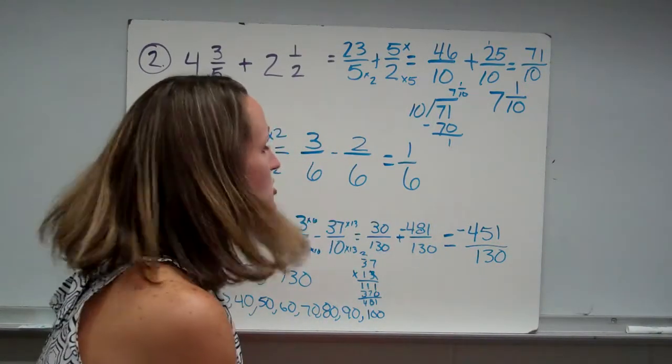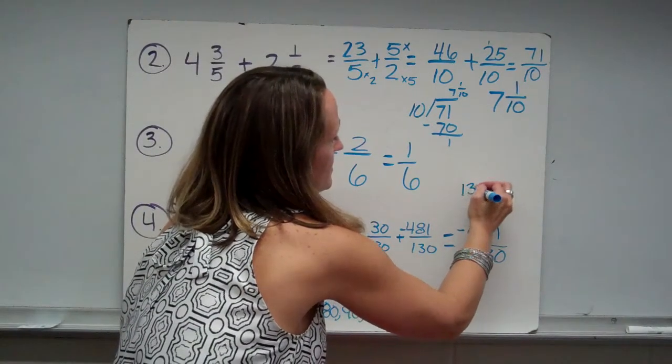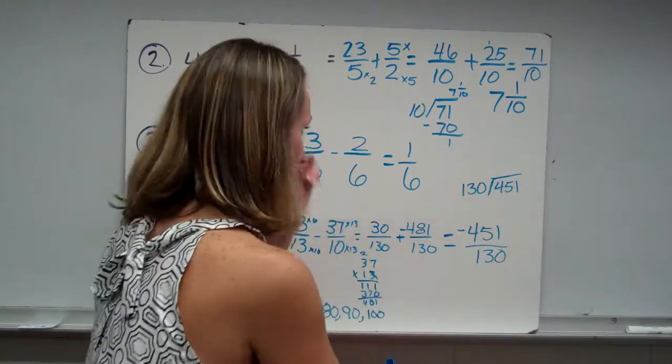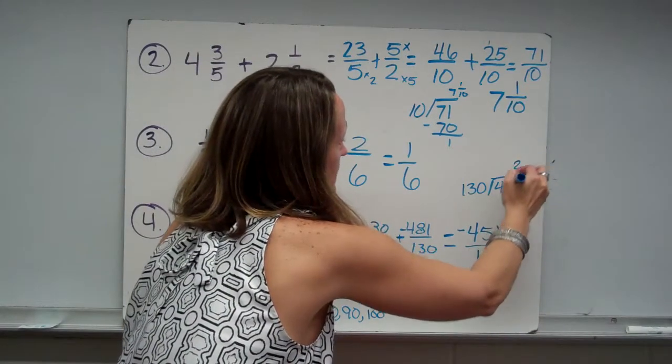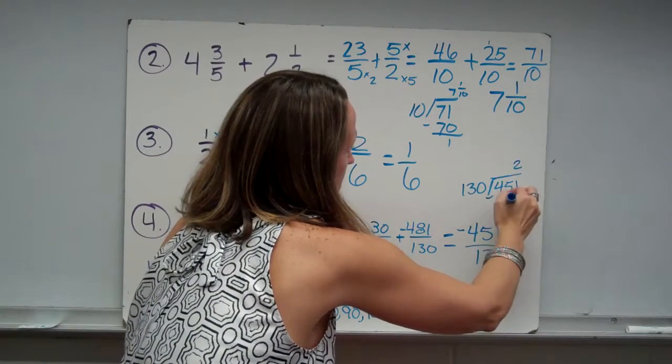Major improper fraction. So to find out, let's see, 130 goes into 451 at least twice, maybe more than that. I bet it's 3.